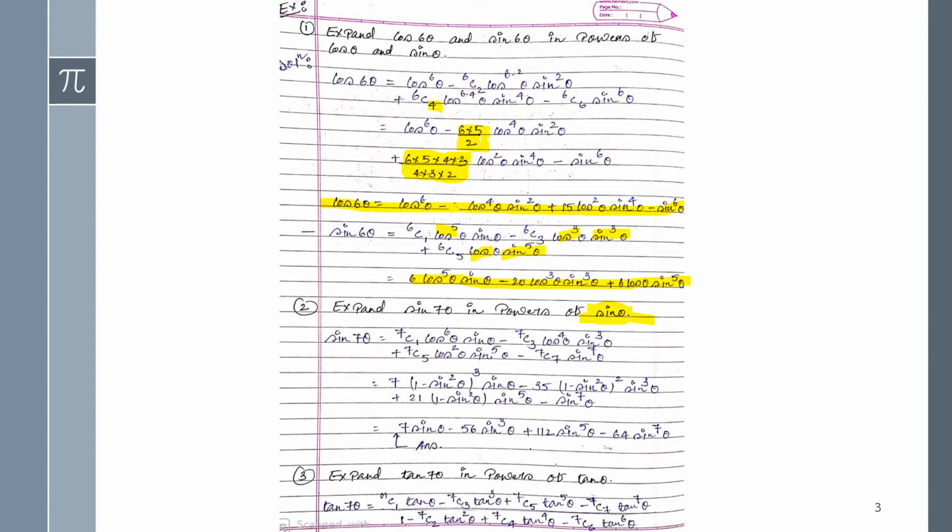It means, like in the first example for the sin 6 theta, as we did, the answer of this one we will convert into the sin theta form. Okay, or else the rest of the procedure will be totally same.